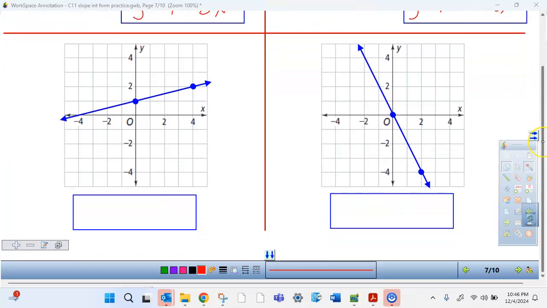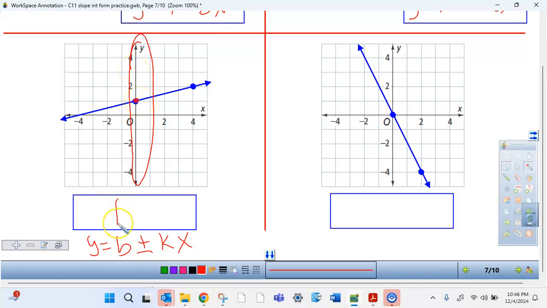Next one, it's a graph. You're supposed to write an equation in slope-intercept form. That form is y equals b plus or minus kx. On the y-axis, where do you begin? You begin at 1. What is your rate of change?